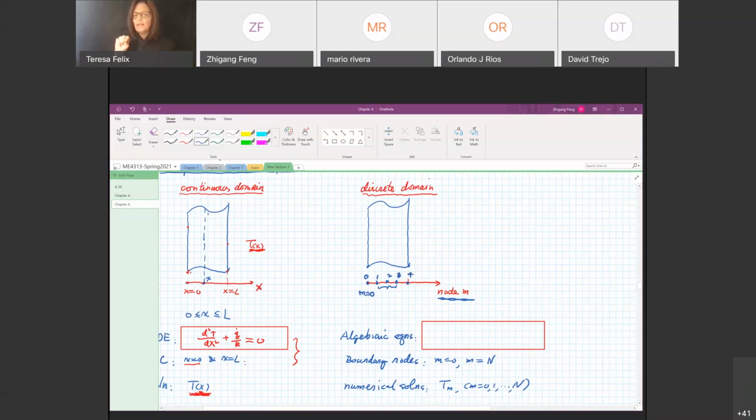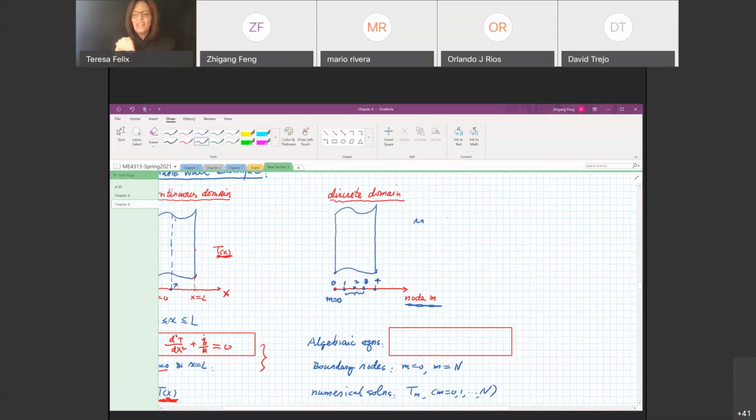So the internal nodes, in this case, are nodes 1, 2, and 3. And the boundary nodes are 0 and 4.